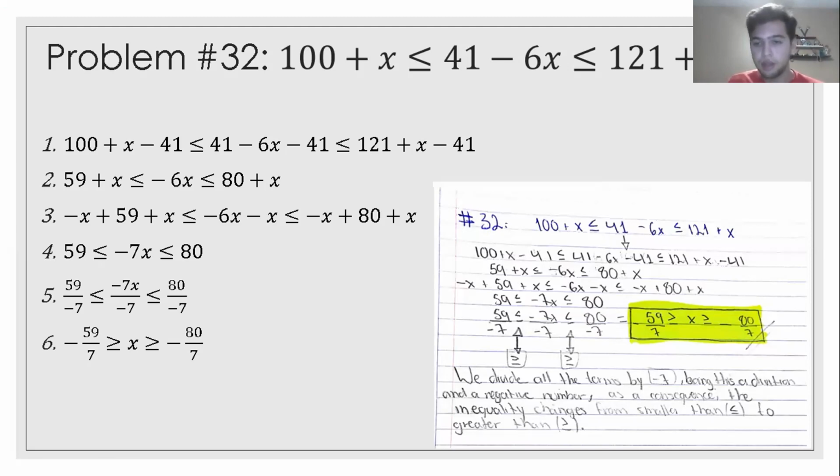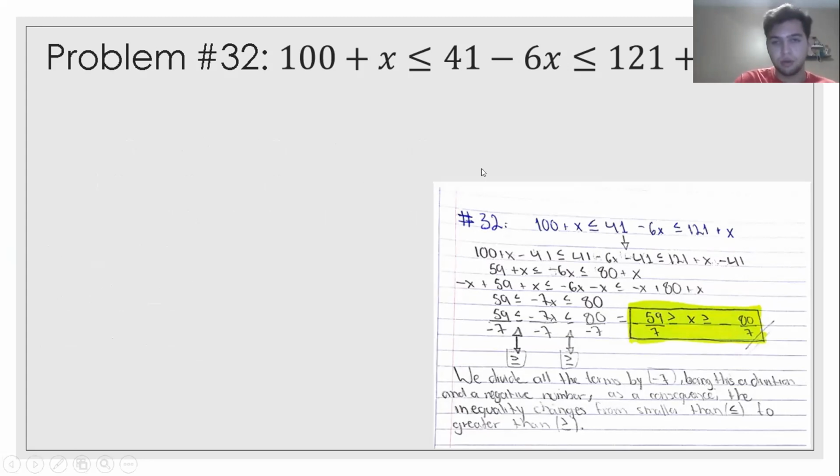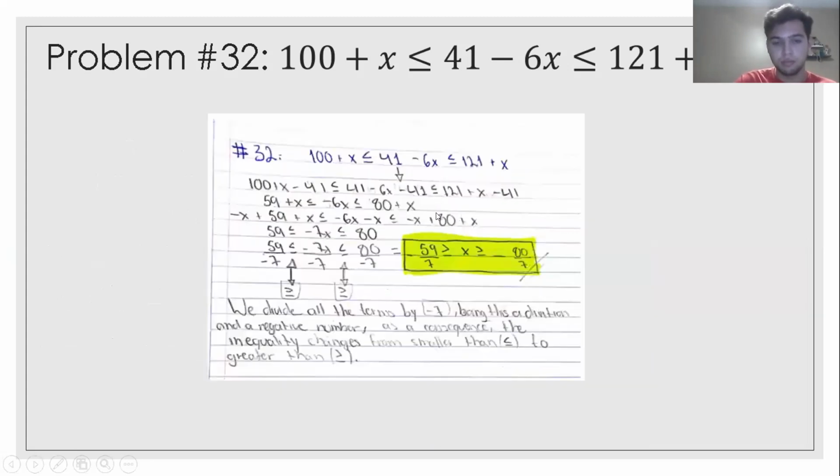Being a division by a negative number, as a consequence, the inequality changes direction. Here you can see that before dividing everything by minus 7 it was less than or equal to, but after the division, it changed to greater than or equal to. Here it is more clear if you want to look at it.